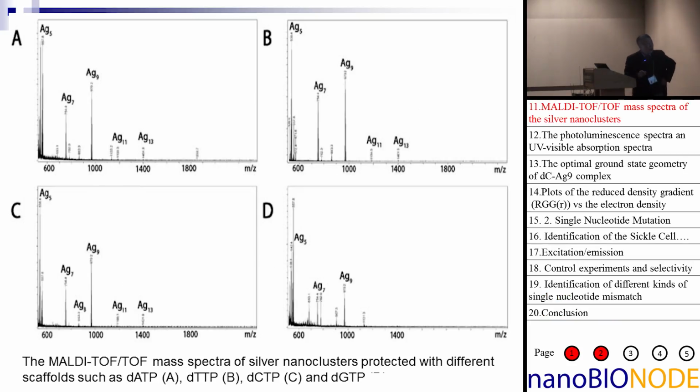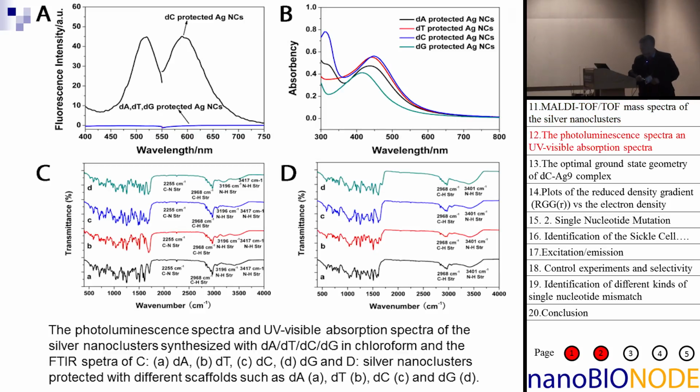And also, we use this multi-top to study the DATB, DTTB, DCTB, and DGTB. In this case, we also get that AG9 is significant. And we also used different spectroscopic methods, for example, here this is photoluminescence interference.